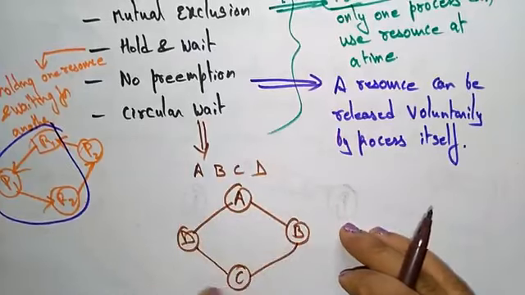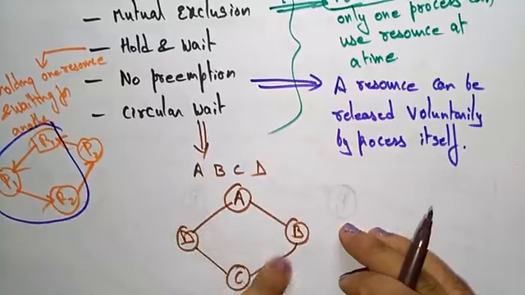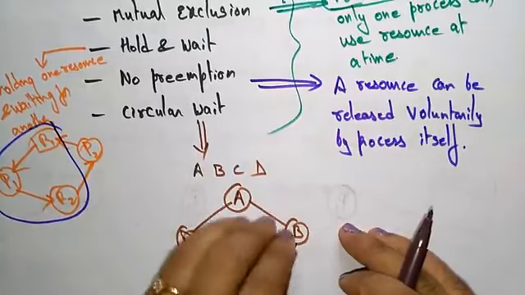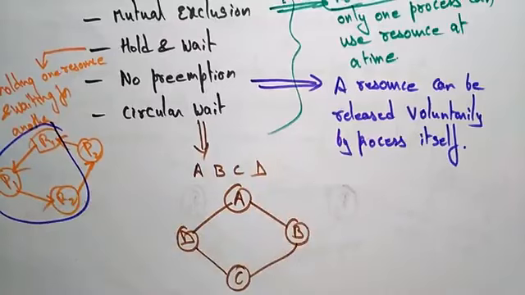So this condition you call circular wait. There is no solution for this; it is a deadlock state.